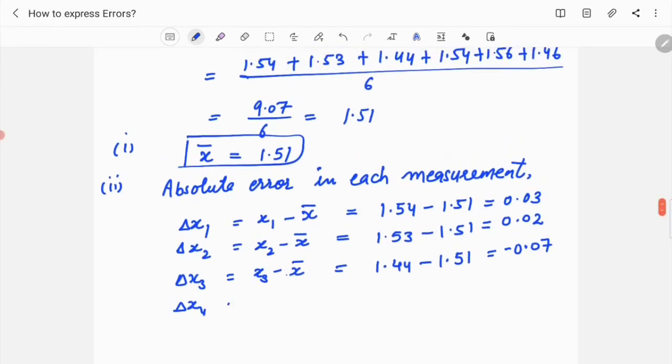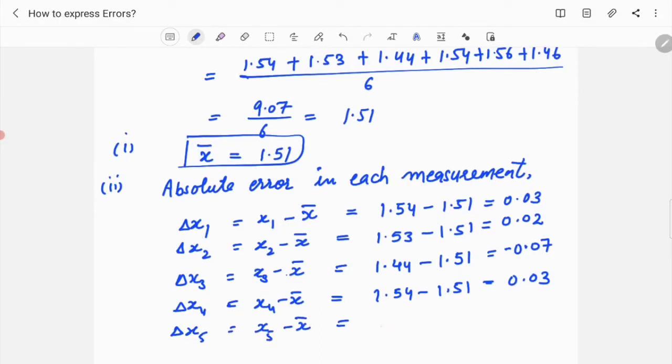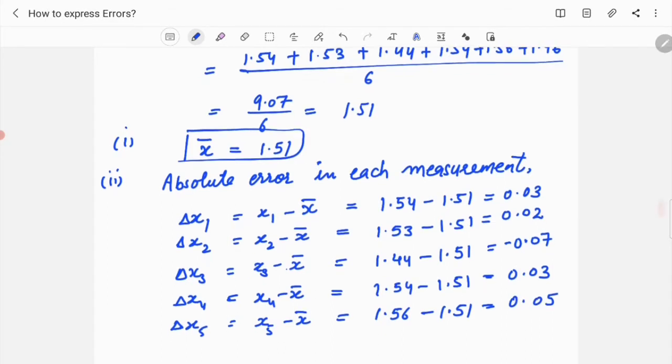Next is x4 minus x bar, it is 1.54 minus 1.51, it is 0.03. And delta x5 is x5 minus x bar, 1.56 minus 1.51, then it will be 0.05.